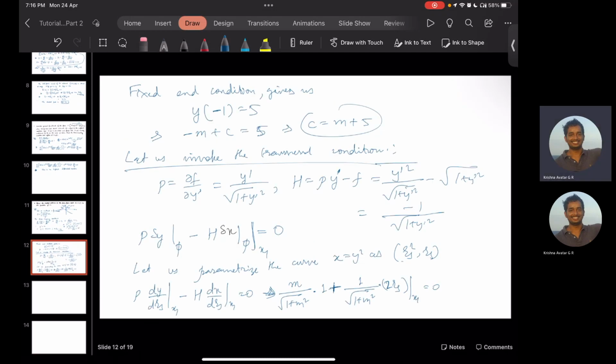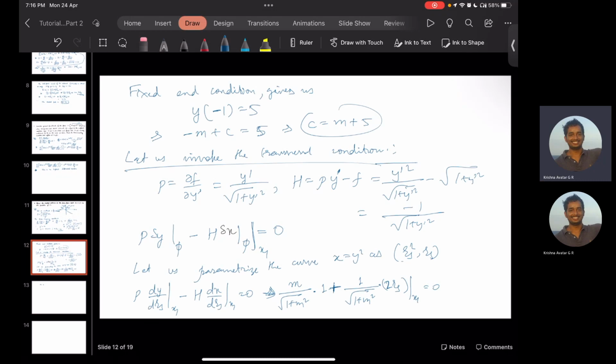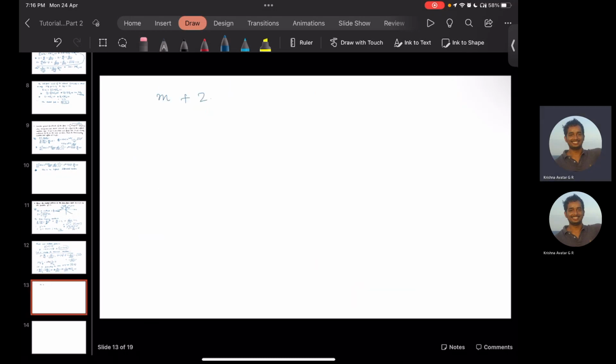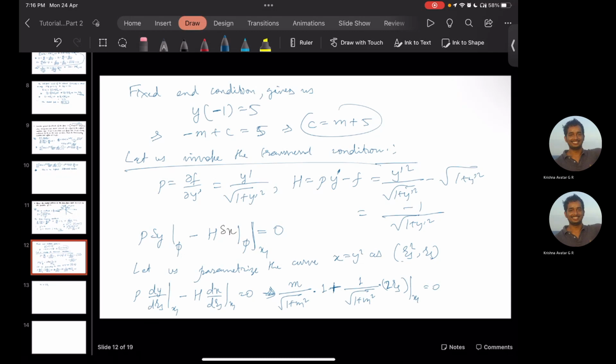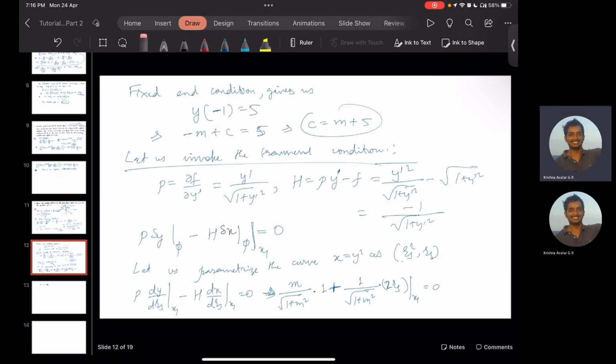Okay. So what we'll have is we'll multiply throughout by root over 1 plus m squared. So we have m plus 2 xi, and xi at x1 is, and mind you that xi represented y. So xi at x1 is nothing but y1, and y1 again has to be the same, right?